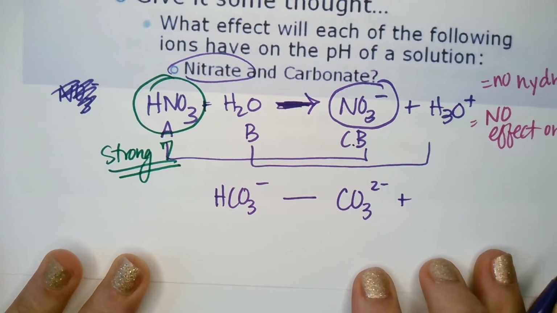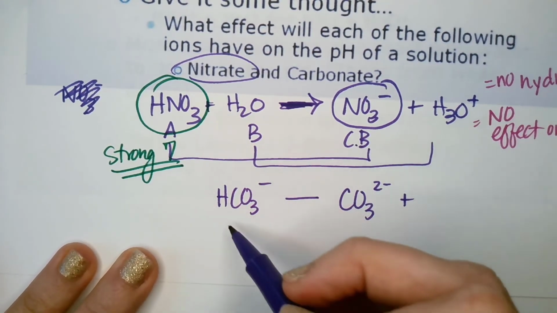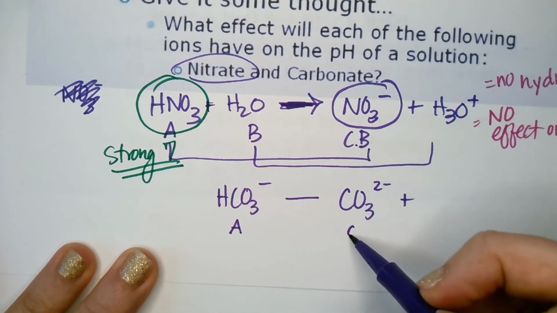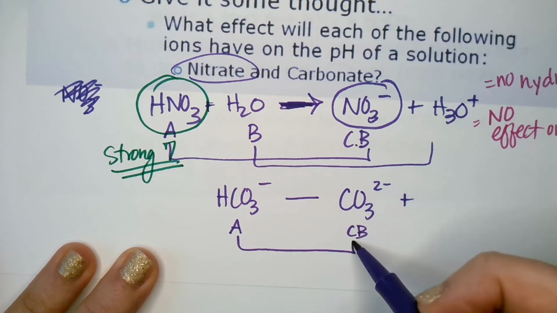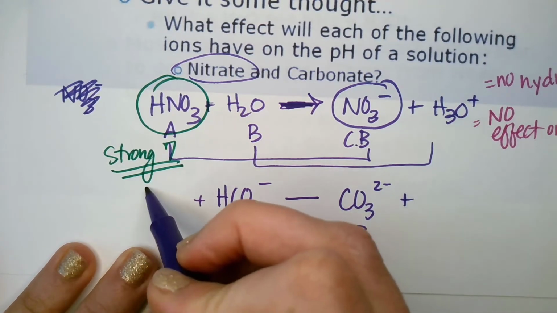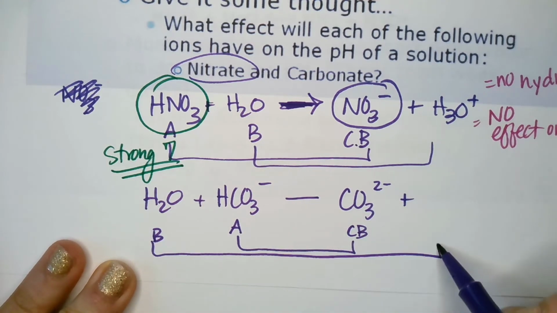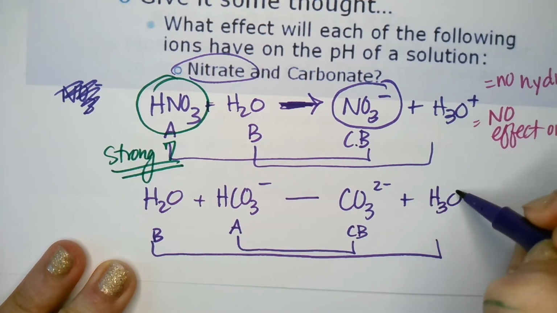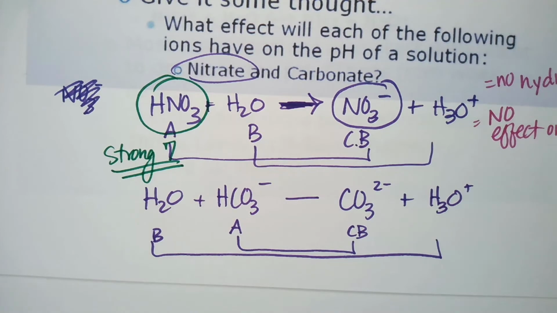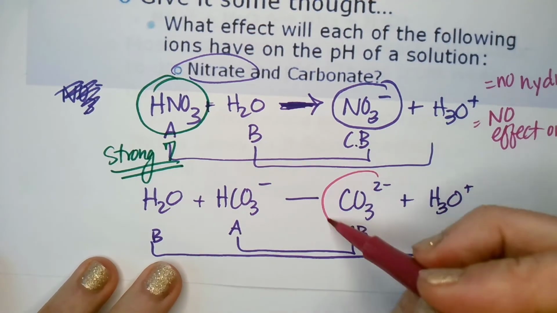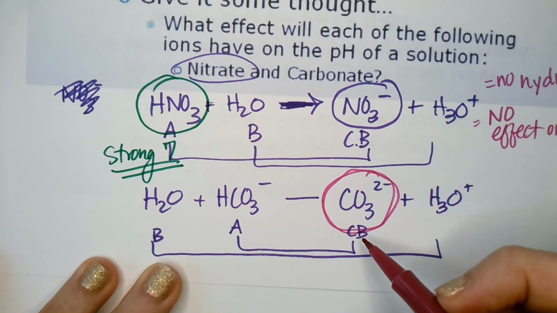So our second one, we've got carbonate, CO3 2 minus, and let's see, its parent would be HCO3 minus. And so this is the acid, this would be the conjugate base. So then that would mean I would need water as a base. So water's conjugate acid would be H3O plus.